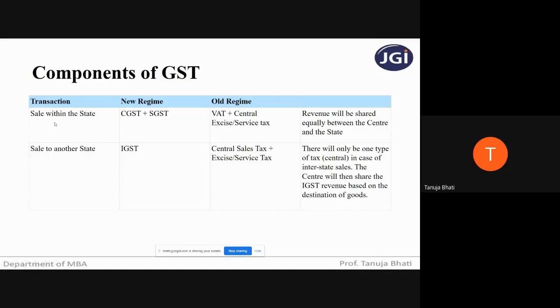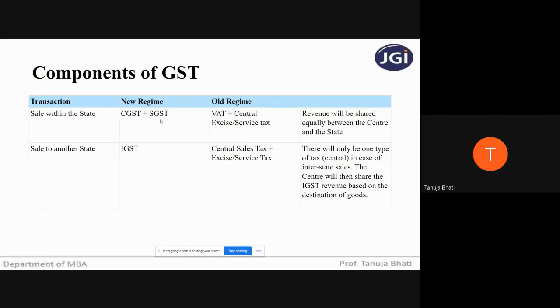So a quick recap of whatever I have told now, that is, if the sale is within the state, you charge CGST plus SGST. Earlier you used to charge VAT or central excise or service tax, depending whether it is goods, whether you're providing services, or whether you're manufacturing goods. And in this CGST and SGST, the revenue is shared equally between the central government and the state government.